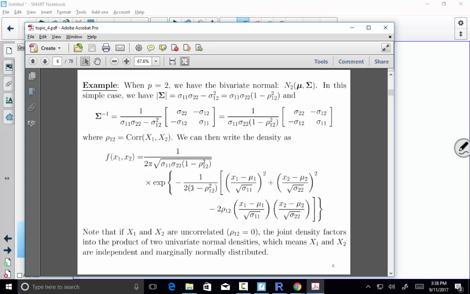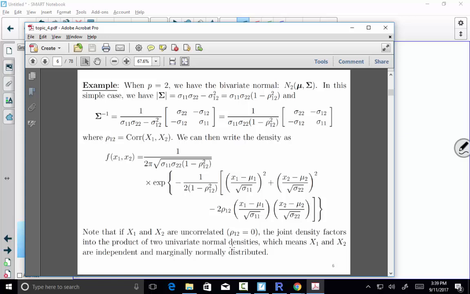This constant just becomes minus 1/2. And this goes away as well. And it turns out, if you write that down, that is exactly the product of two univariate normals. So that's kind of a minor point, but I think it helps to tie to what you already know, hopefully.